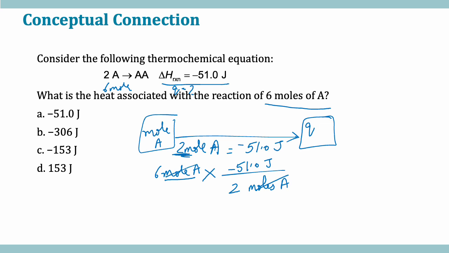Moles of A go on. My final answer is joules, which would be 6 times 51 divided by 2, which basically gives you negative 153 joules. Okay, negative, that means C is my answer. So you can relate heat with number of moles.